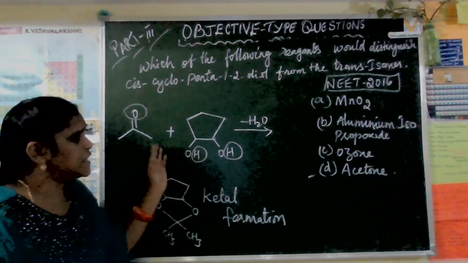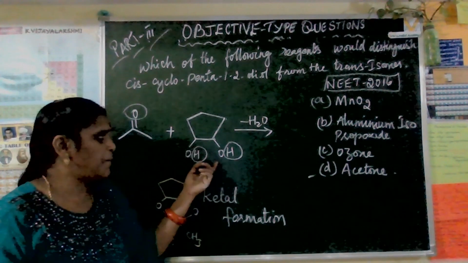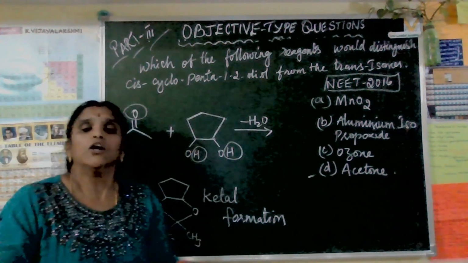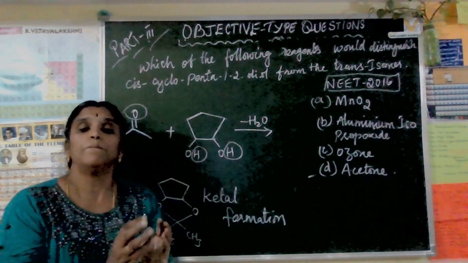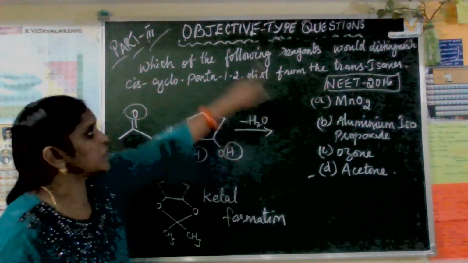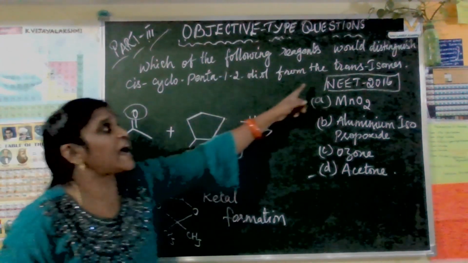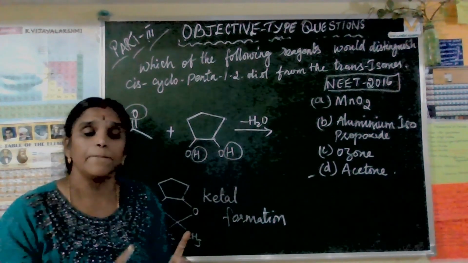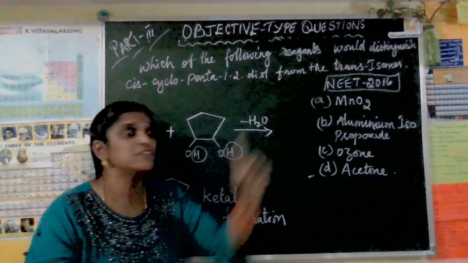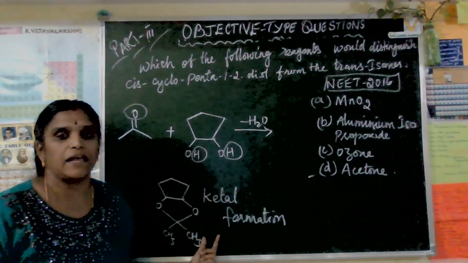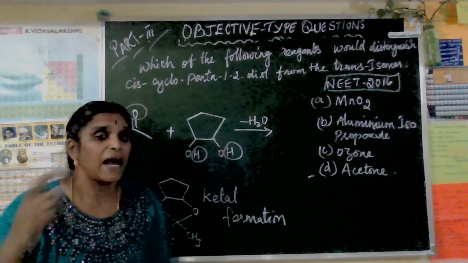Acetone combined with cyclopentane-1,2-diol forms a bicyclic compound, whereas acetone cannot give this with the trans isomer, it can give only with the cis isomer. Why? Because there is angle strain in the trans isomer. The angle will vary.